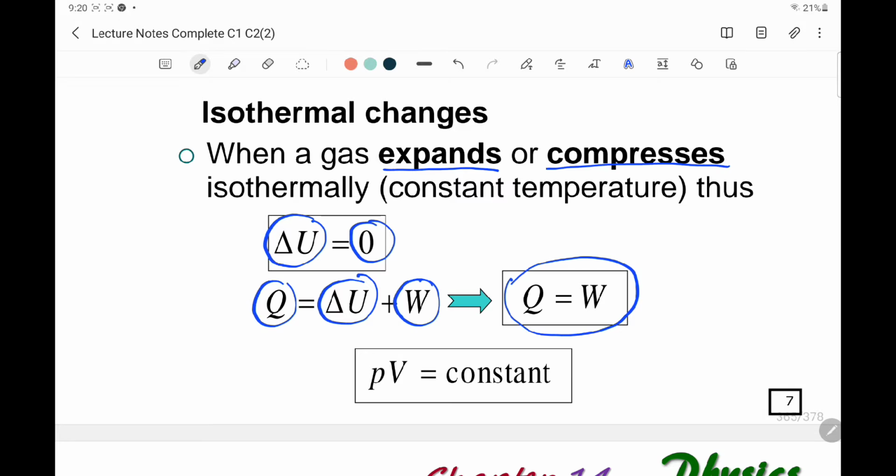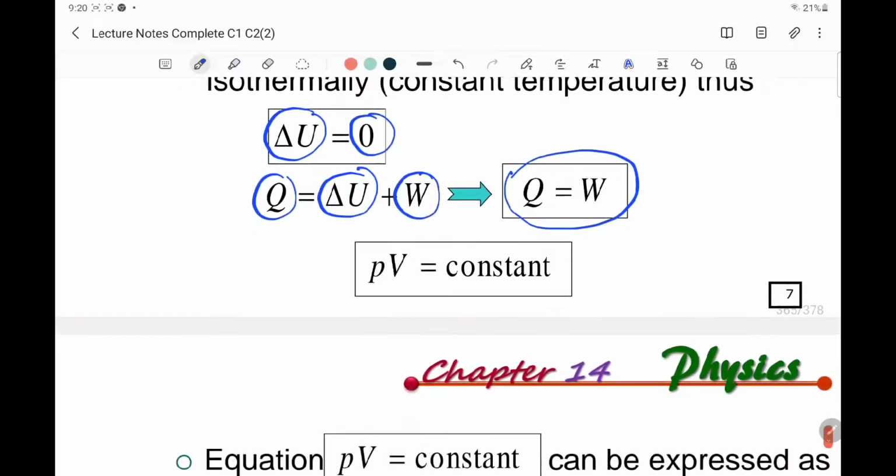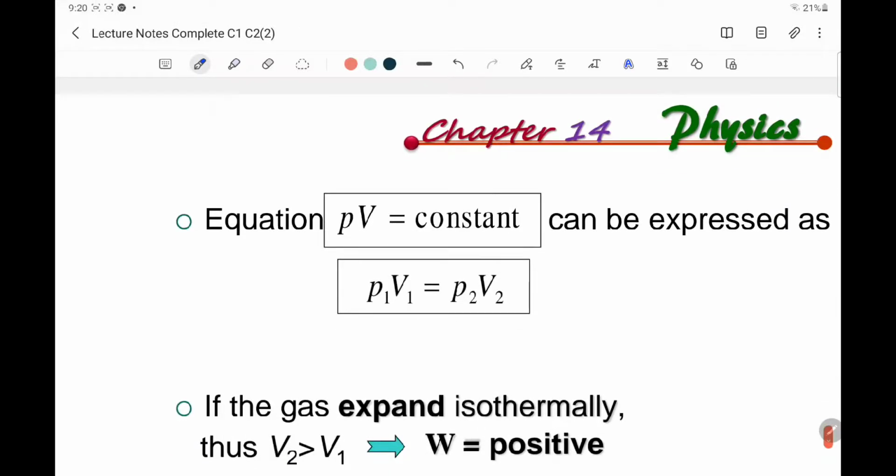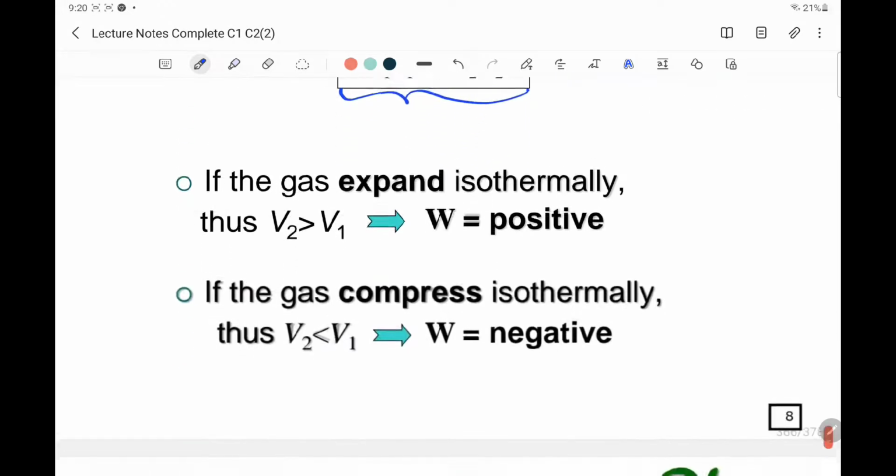In isothermal changes, PV is constant. The equation PV equals constant can be expressed as P1 V1 is equal to P2 V2.